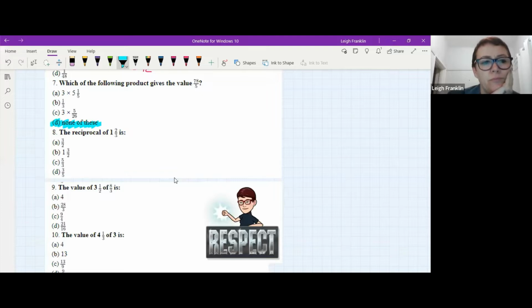5 divided by 78, it would give me... So 5 goes into 7 once with a remainder of 2, and 5 goes into 28 5 times, but there's going to be a remainder here as well, isn't there? Yes.